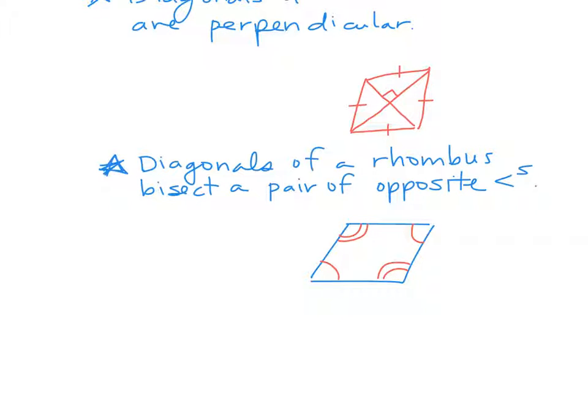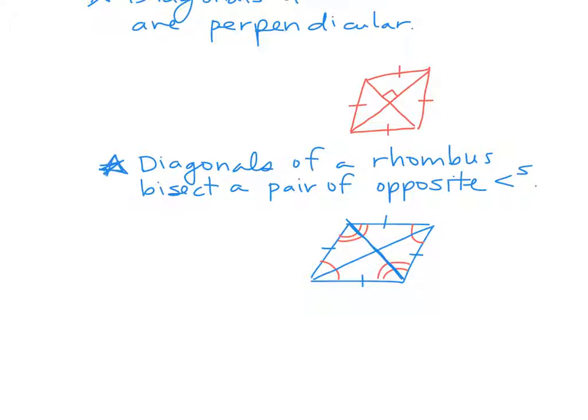So now we have four congruent angles on that diagonal, and four congruent angles on this diagonal. As long as it's a rhombus, you have four angles that are the same, and four other angles that are also the same. So the diagonals of a rhombus will bisect a pair of angles. Any questions on that?